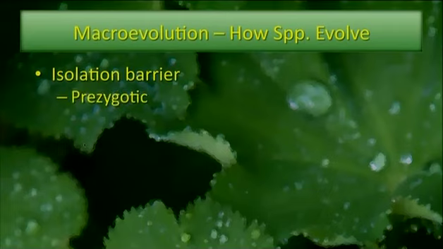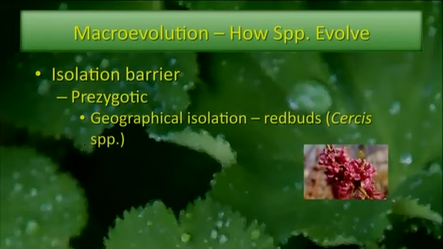Pre-zygotic barriers include geographical isolation. Geographical isolation is like when you have an intervening lake between two populations, or a mountain between two populations, and it prevents gene flow between populations. Mutations that might appear in one might not appear in the other.